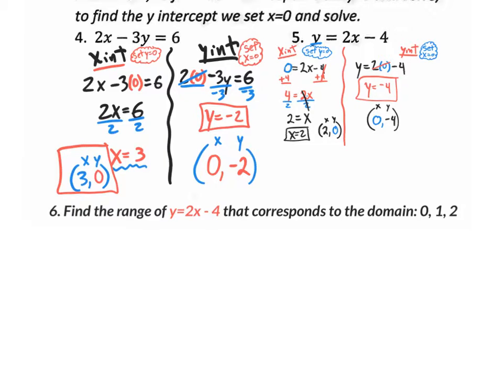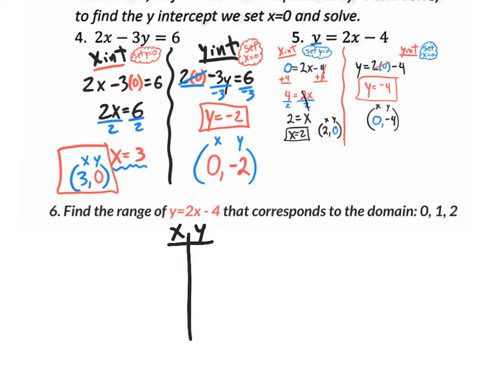Okay, so in order for you to be able to answer this, you need to remember the definition of range. Those are simply the y values of this line, but that corresponds to the domain. The domain are your x values. So you need to automatically think that this function, y equals 2x minus 4, you're going to use to make an input-output table, an xy table.